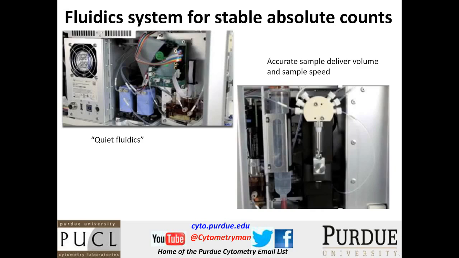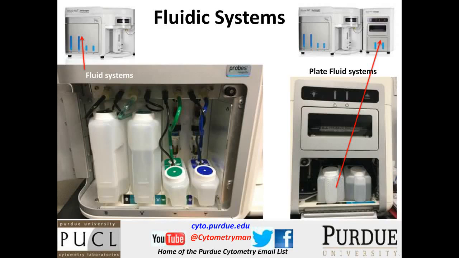It allows you to pull up sample into a sample loop. It has to have ways of then delivering sample, of cleaning, etc. But this is on the side of the instrument. This is the part that actually delivers the sample to the instrument. And the fluidics environment is over here.